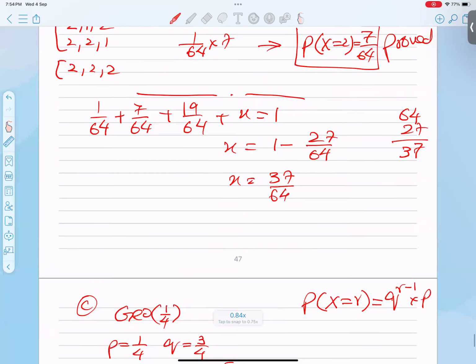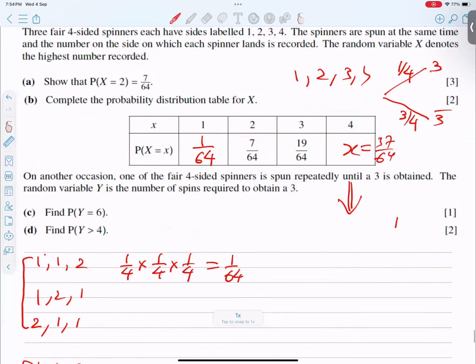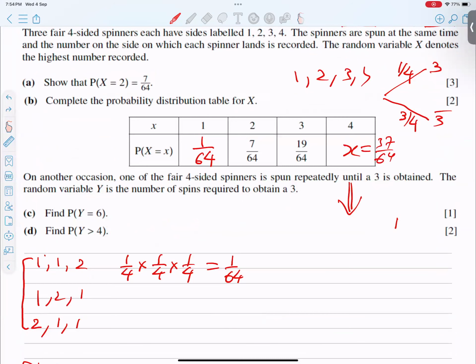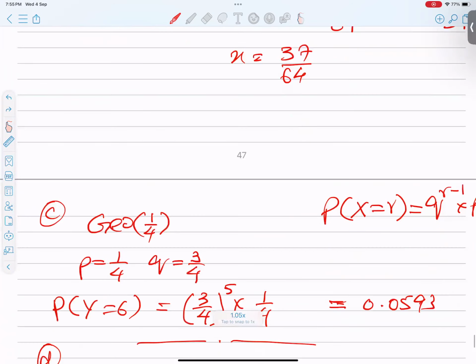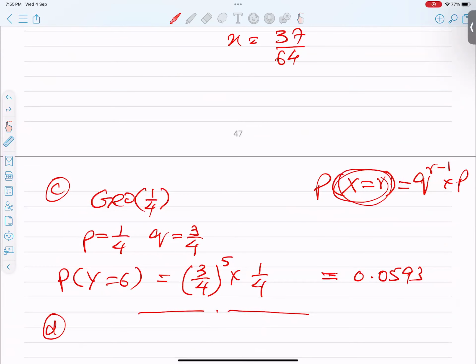Part D, what does he talk about? He says more than 4. For more than 4, we have 2 rules: one rule is for the equal sign and one rule is for the more than sign. For more than r, the formula is q to the power r. He is asking us to find the probability that x is more than 4.